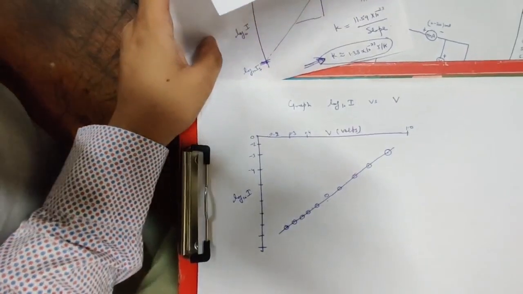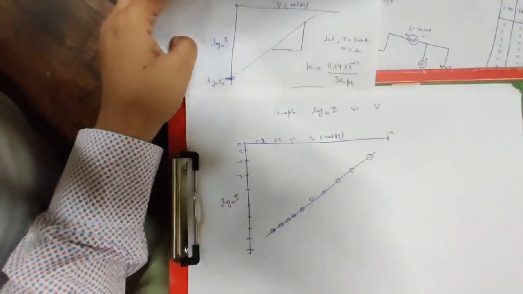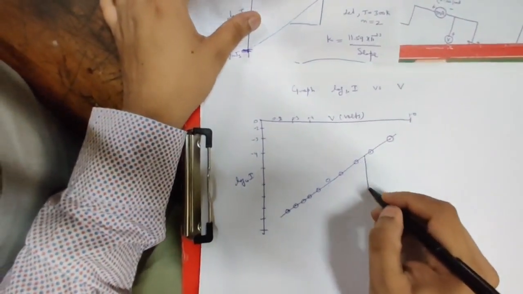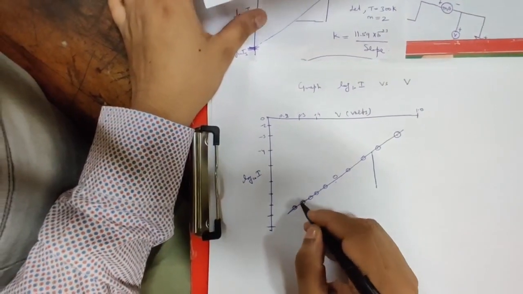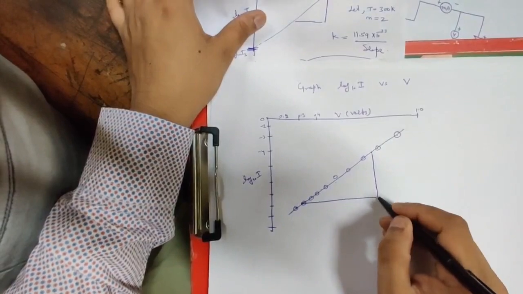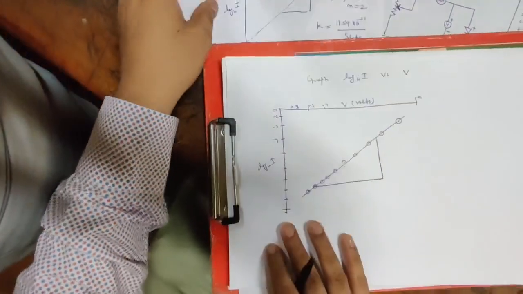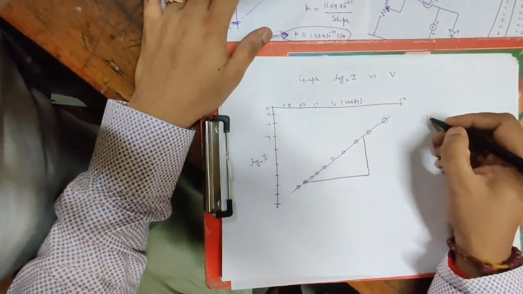Right? The perfect curve you have, a straight line. And now by using this, you can take the slope of this, and yes, we know the formula.